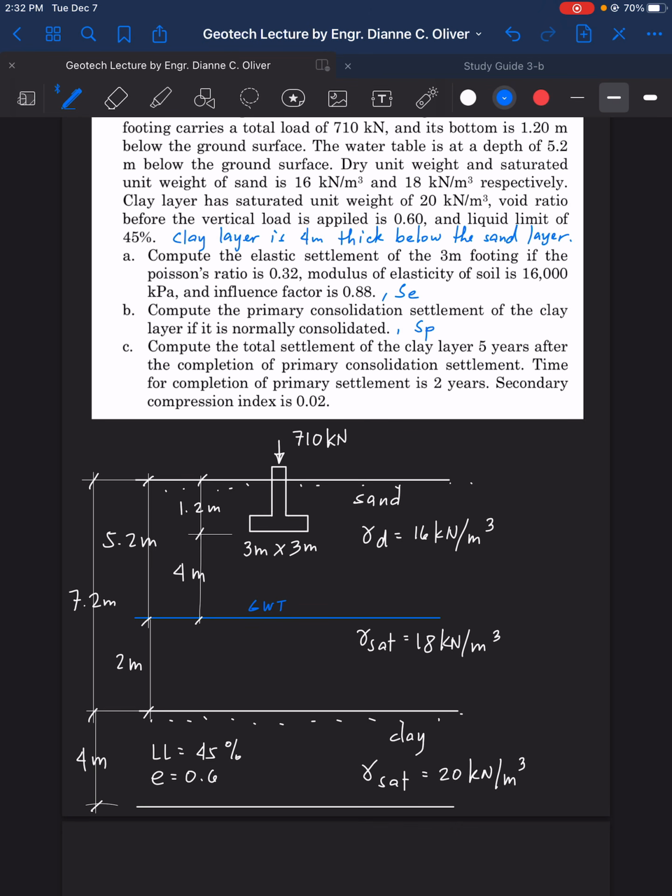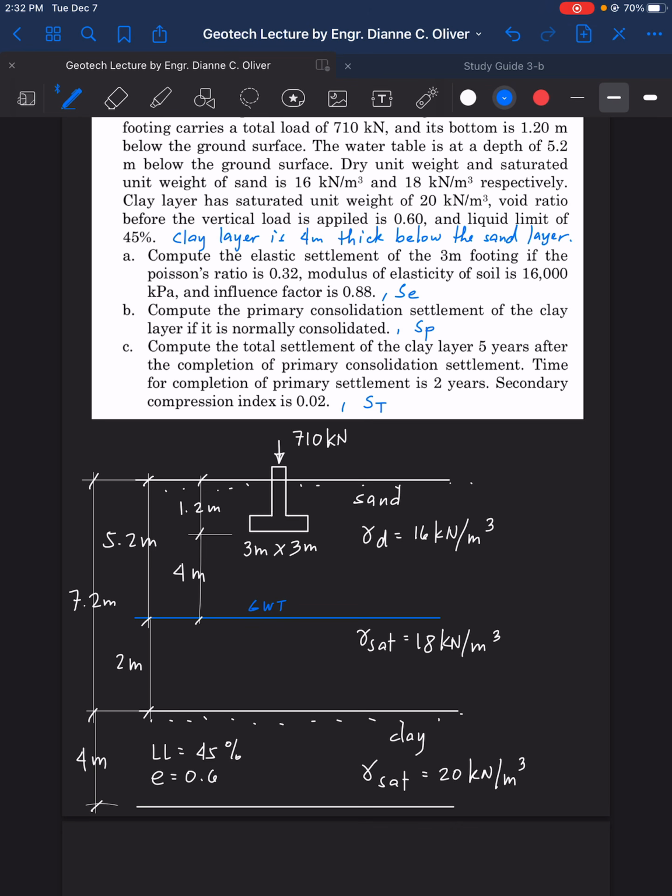Letter C. Compute the total settlement of the clay layer 5 years after the completion of the primary consolidated settlement. Time for completion of primary settlement is 2 years. Secondary compression index is 0.02. So we have the total settlement of the clay layer. We are going to solve for S total.